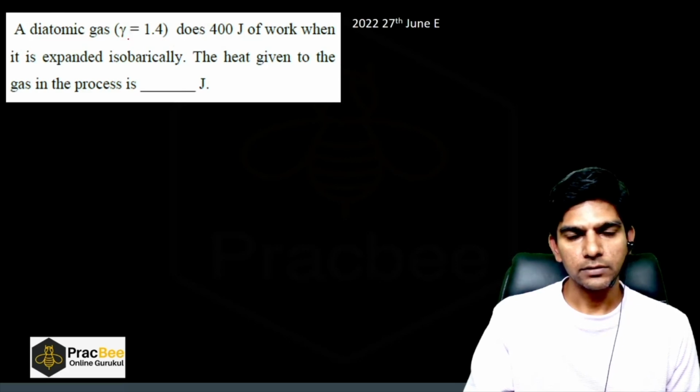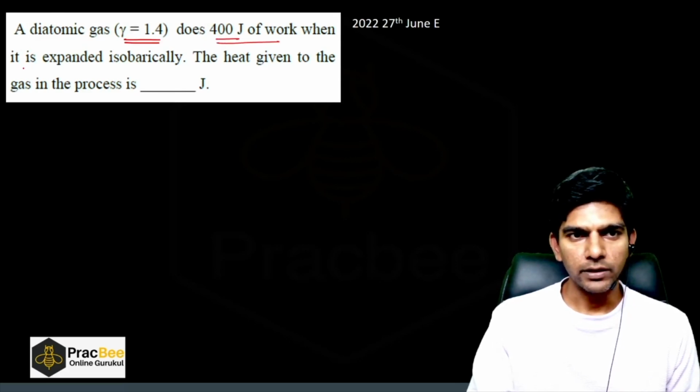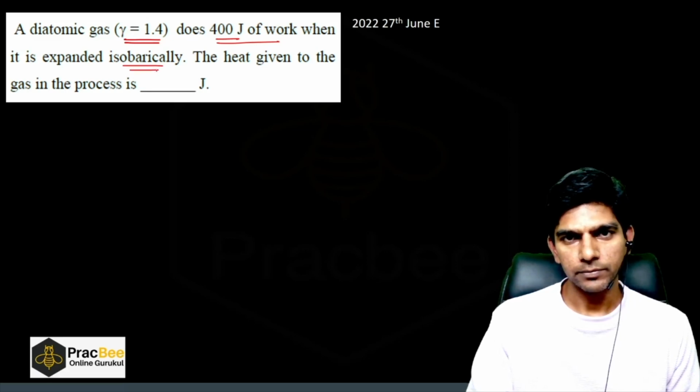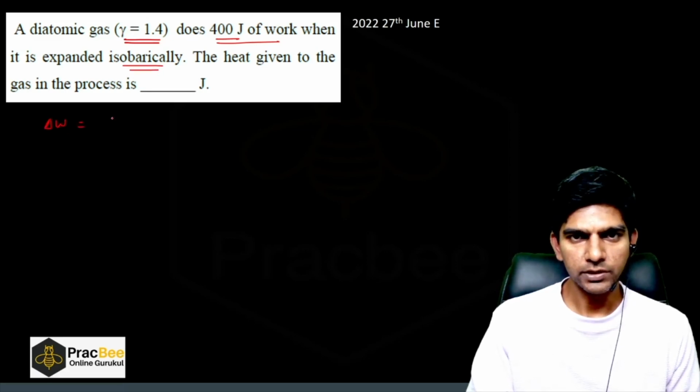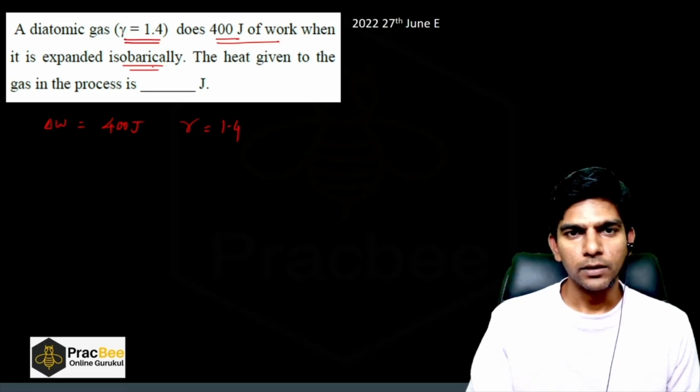A diatomic gas where the gamma value is given as 1.4 does 400 joules of work when it is expanded isobarically. So delta W is given as 400 joules. Find the heat given to the gas in the process.